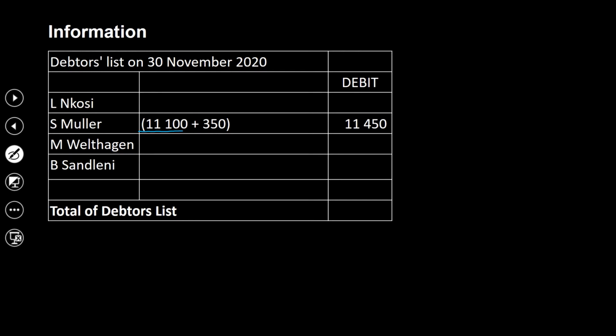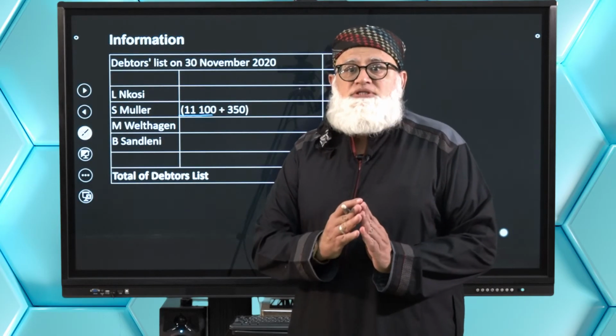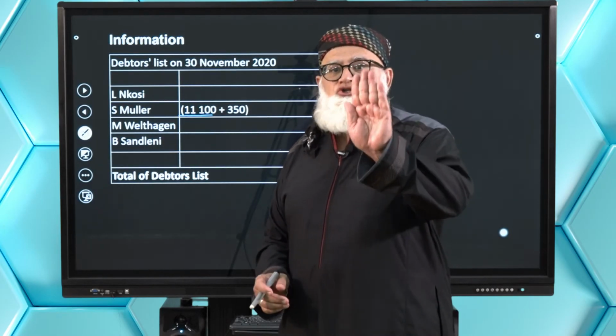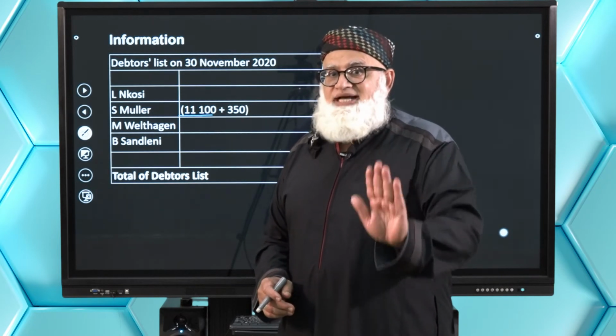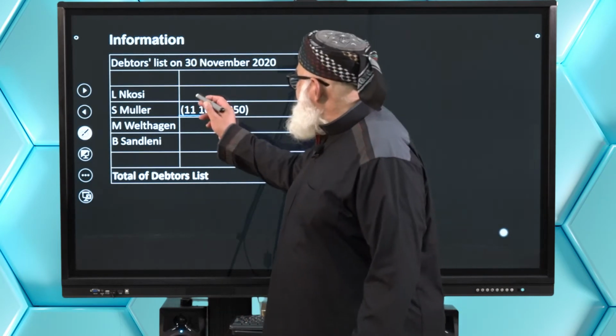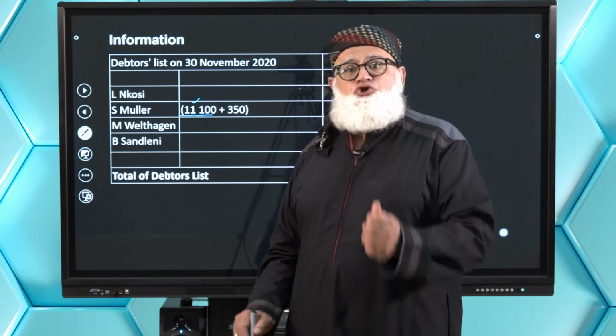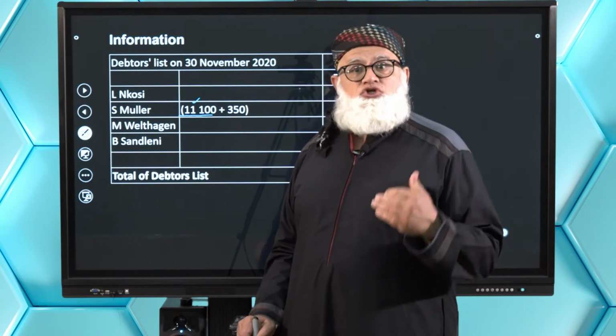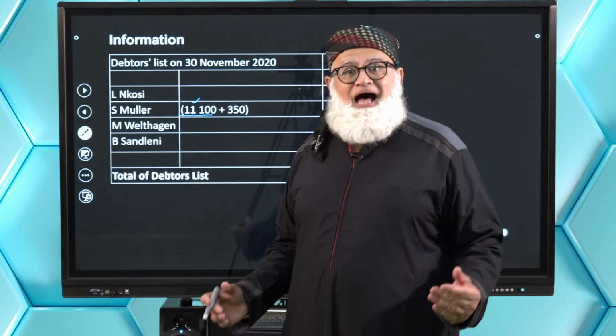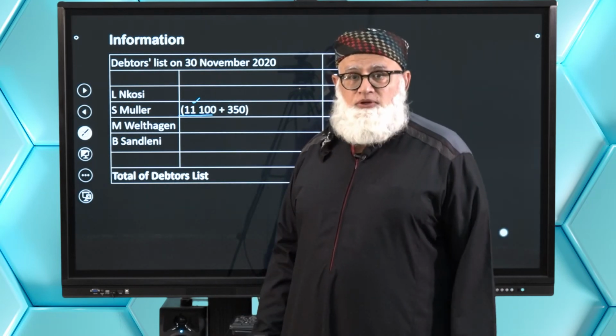A very important point here is, when you start your reconciliation of your debtors list, open the bracket and start with the information that you already have, because you're showing your calculations. It is imperative that you show your calculations because part marks are awarded for these calculations.